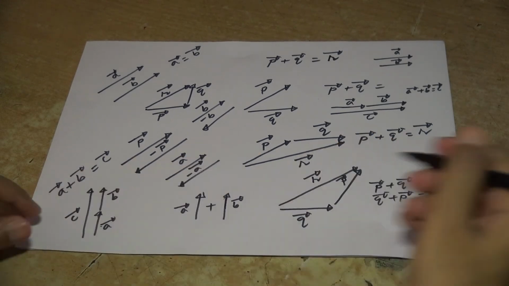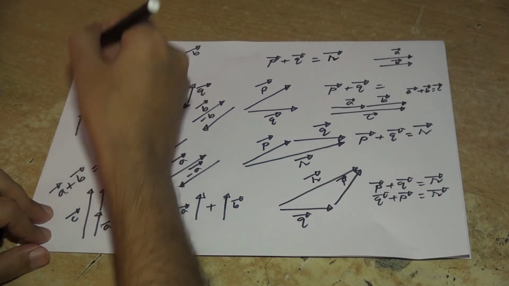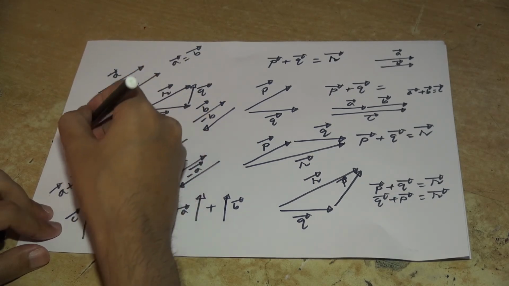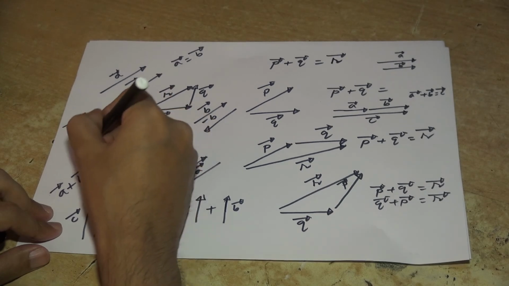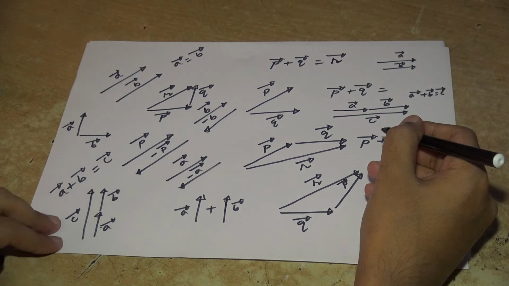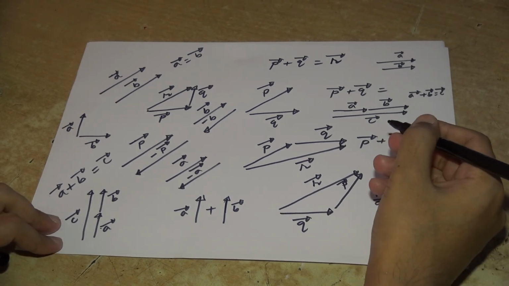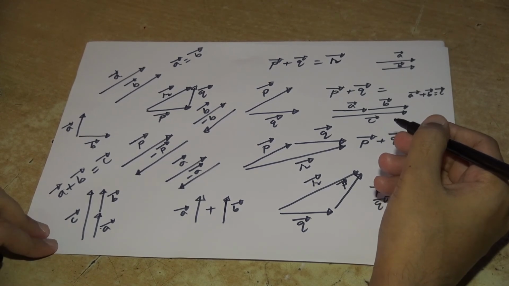Okay, let's try with another one. Suppose I have a vector heading in this direction, which is vector a, and a vector heading in this direction, which is vector b. Now I have to find the displacement of these two vectors. How am I going to do this? As I have said, you can always move the vectors as long as their magnitude and direction are the same, right?